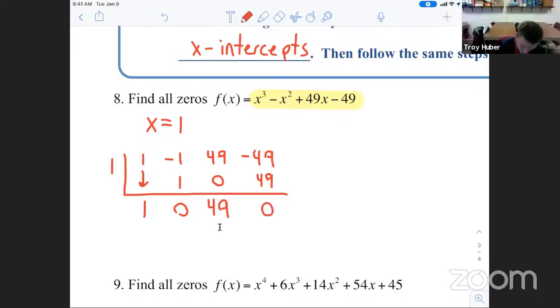Add them together, and sure enough, we got 0, which is good because it's an x-intercept or a 0, so we should have gotten no remainder. So now I'm left with x squared plus 0x plus 49. Now we don't actually have to write this 0x if we don't want to.